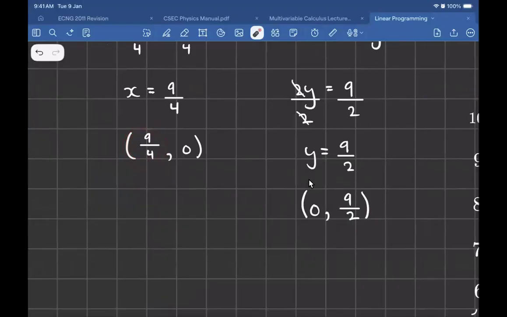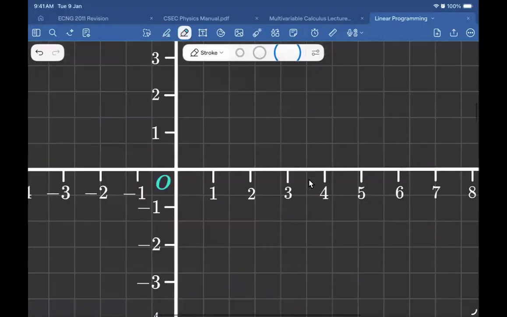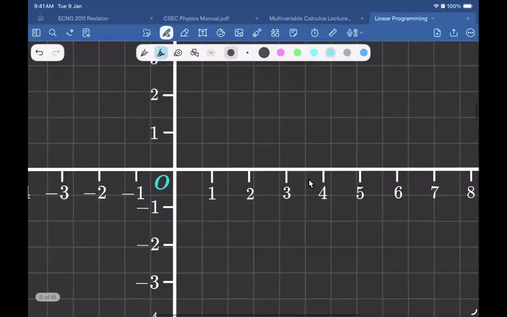How many times could 4 go into 9? 2 times, and it'll leave a remainder of 1. So that's 2 1/4, which is 2.25, right? So 2.25 is in between what two numbers? 2 and 3. Yes. Would I put it more towards the 3 or more towards the 2?